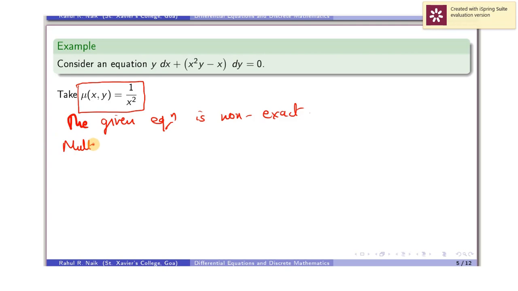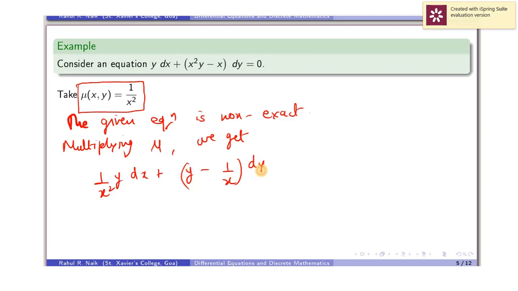Multiplying by nu, we are verifying whether this nu is an integrating factor or not. We get the equation 1 by x square y dx plus y minus 1 by x into dy is equal to 0.